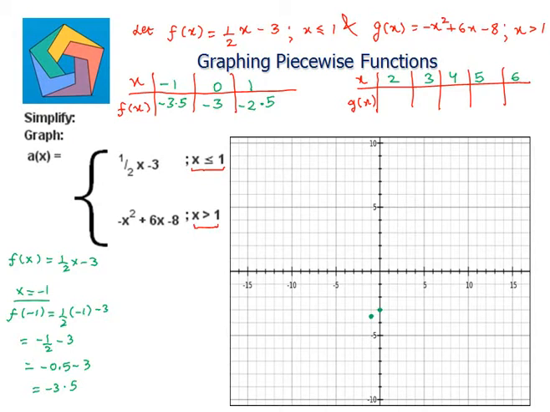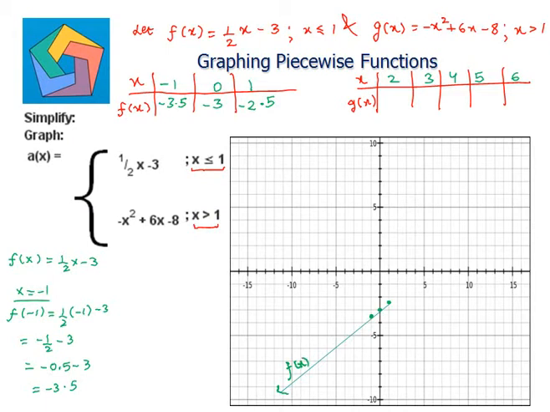And 1, minus 2.5. So I can join these points in order to form a straight line. So this is the graph of f(x).